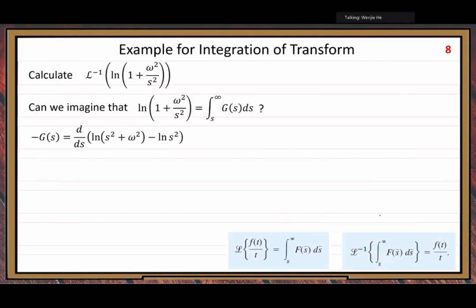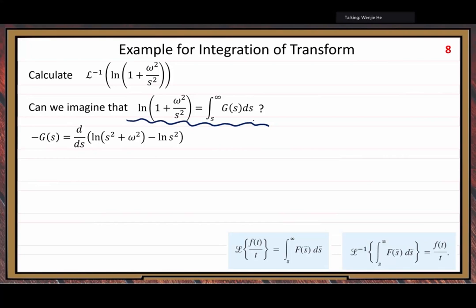Let me explain this step slowly. This is an important step. We want to find a capital G function such that our natural log function equals the integral of this G function.